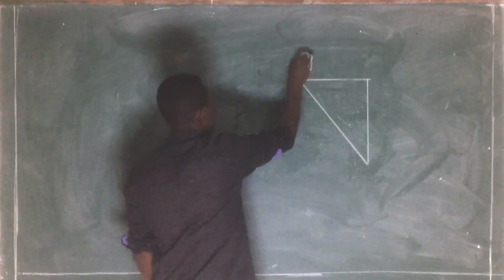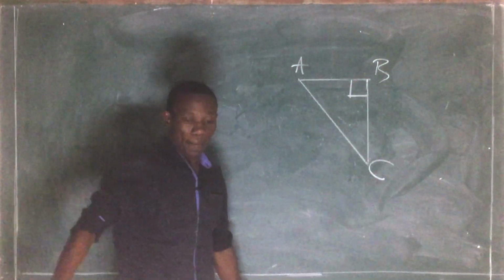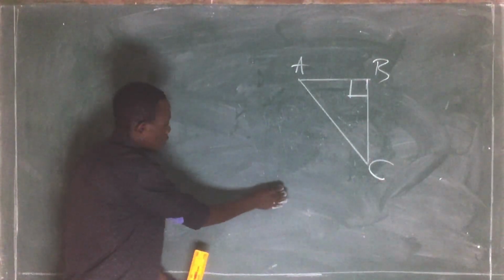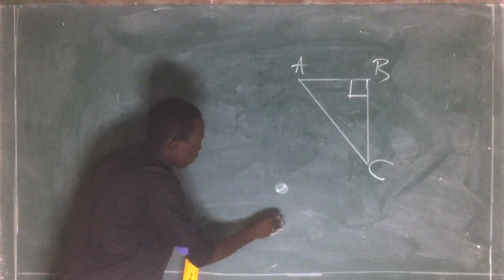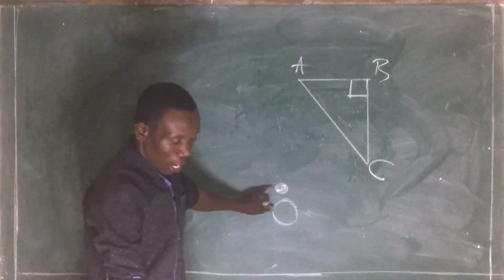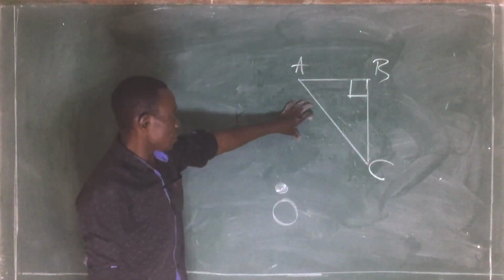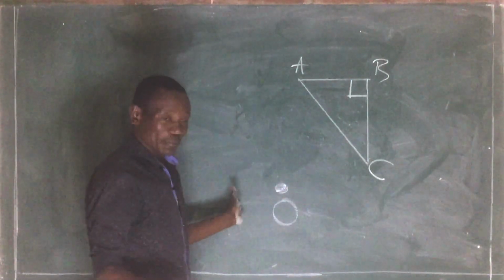Let's consider that this is triangle ABC, with a slight angle at B. Right here we've got the center of rotation. Let's have it here. You might be asked a question where this is center O, a fixed point. Our question is that we would like to rotate this object and see to what position it would be.